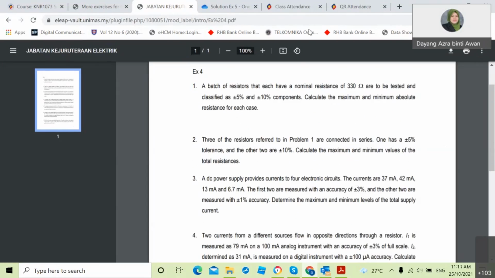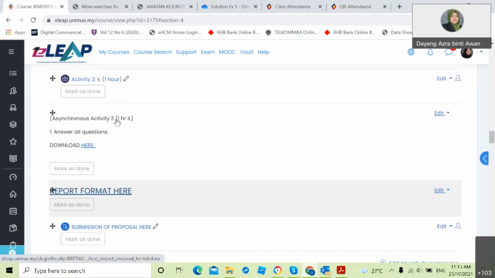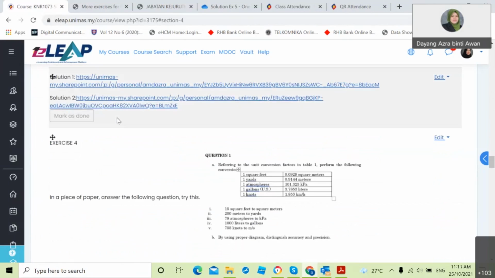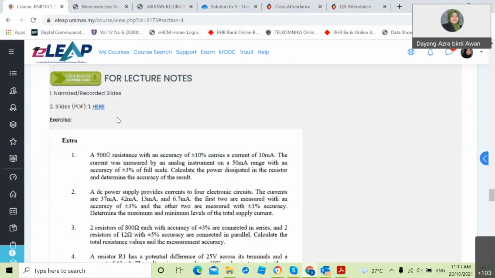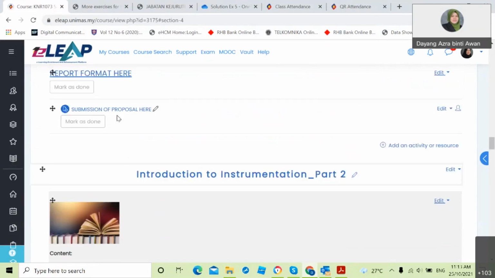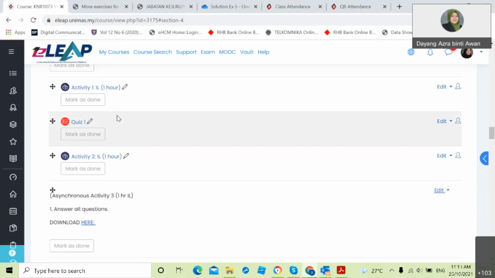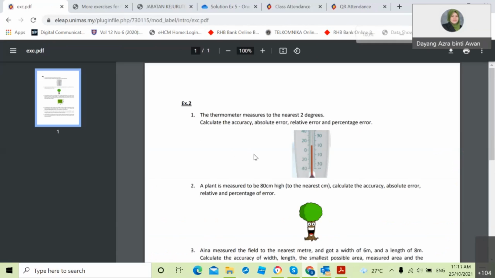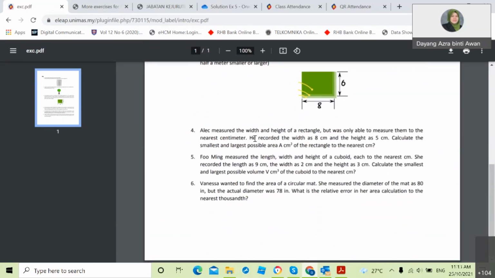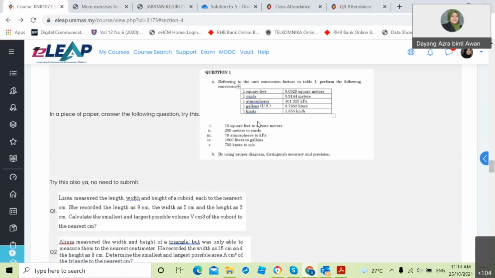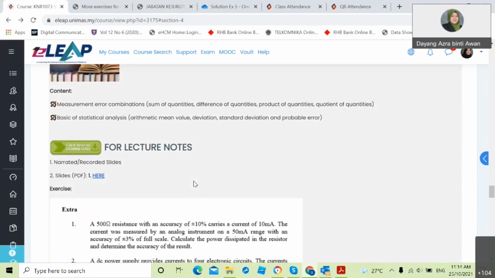But normally the question will play around with this one. Okay. So, is it the same? So exercise 4. So this one, you have done this one. The ones not yet done, you can do by yourselves. This one is also simple. The one here.